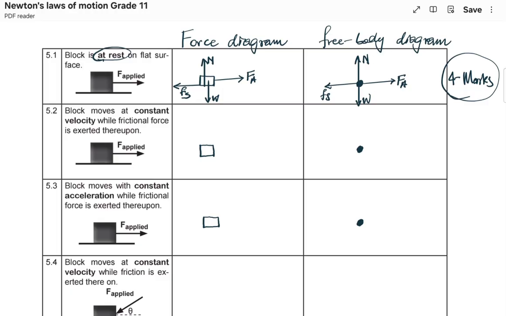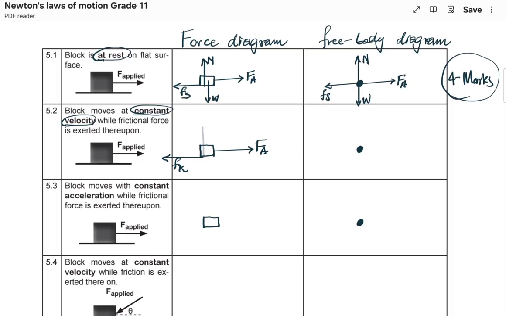Okay. So now the object moves at constant velocity. Once this object is moving at constant velocity, what is it saying to me? It says to me the frictional force together with the force applied must be equal, because this is constant velocity.